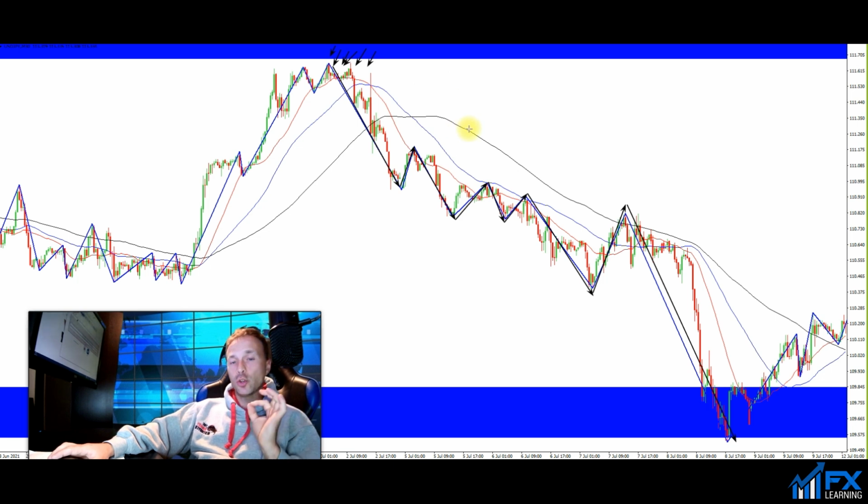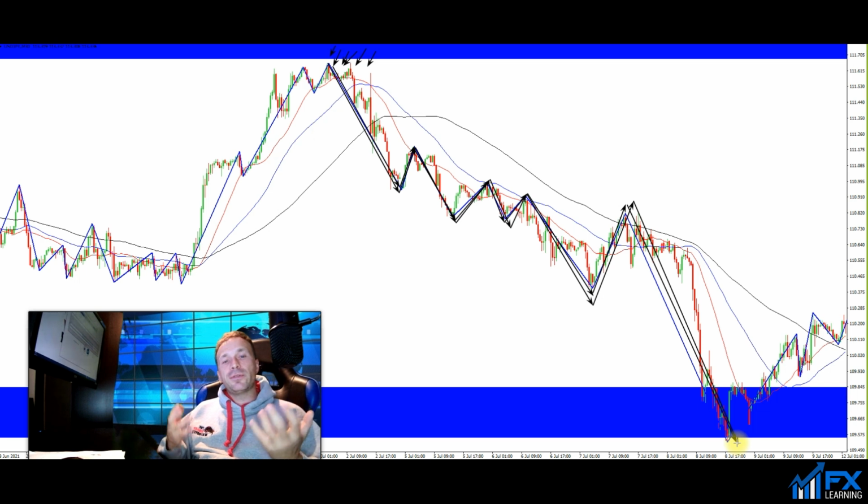It's a 200 pip downtrend move from this resistance area to this support area at the bottom, and all along it does the same. Trend down, pull back, trend down, pull back, trend down. Now, if you want to be a consistent profitable trader, you want to trade with the trend.